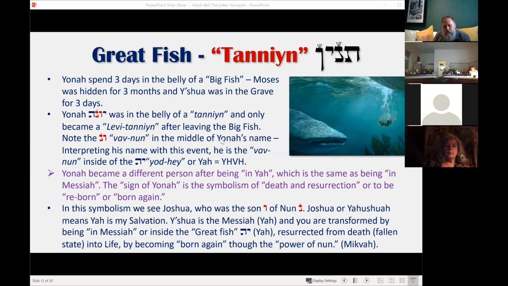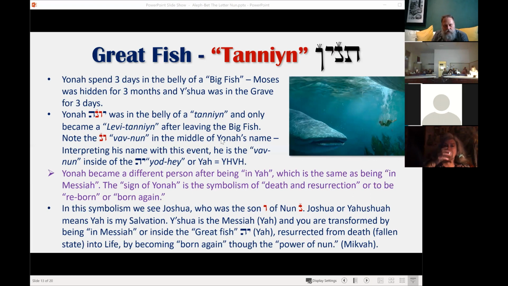So all of these stories and symbolism are all connected to the Letter Nun, and most of these words are either connected to water or to the soul, or the changing of the soul of man from an immature to a mature state. And we're just now looking at the process called tanin and the process called Leviathan, which is transforming you, which is basically another word for becoming reborn.